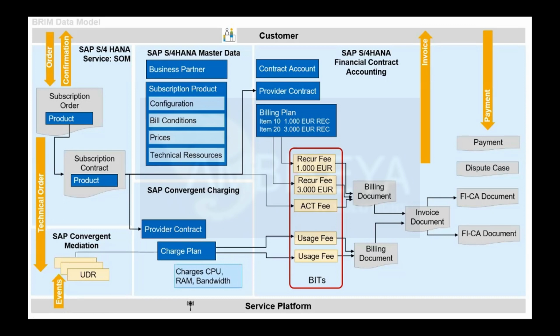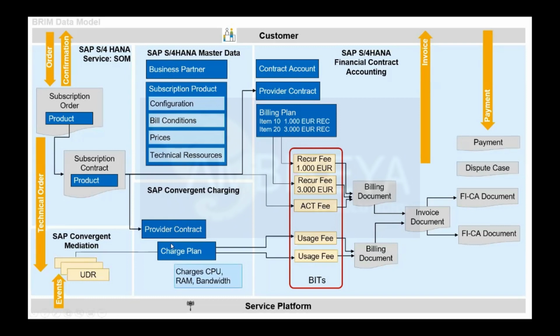It always depends on the view of the system. The convergent charging, as a charging system, has a more technical view. We have charge plans assigned that are relevant to find for the usage, for example, of a telephone call or a CPU usage with the technical parameters, the correct tariffs that are assigned to the provider contract.